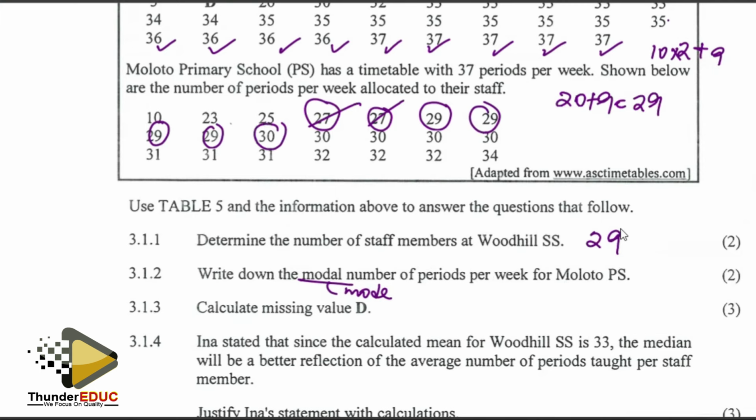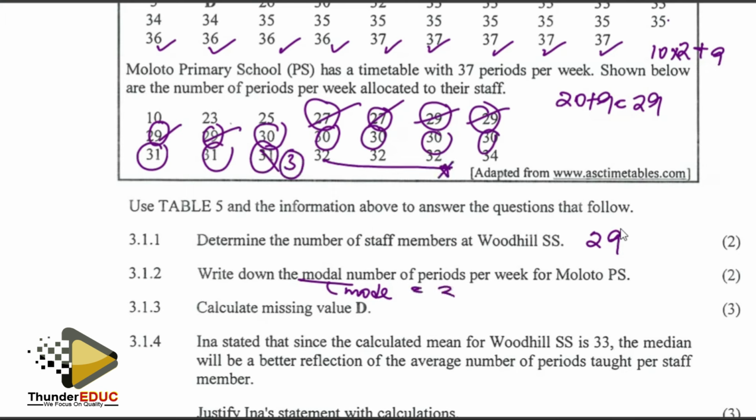We have 31, 1, 2, 3, 4, 5. Also 30 has taken over, appearing 5 times. Each other one repeats itself, 31, 1, 2, 3. This one appears 3 times. 32 appears 3 times. So the modal number here is supposed to be 30 periods per week.